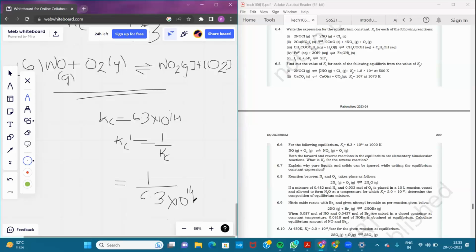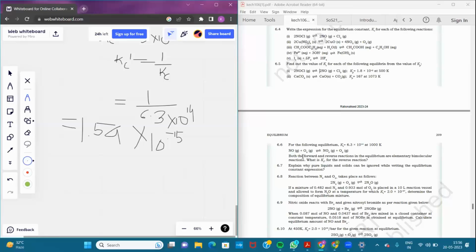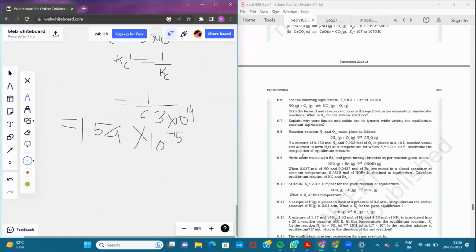By calculation, we can get this as 1.59 into 10 power minus 15. We'll go for the next question, the seventh question.